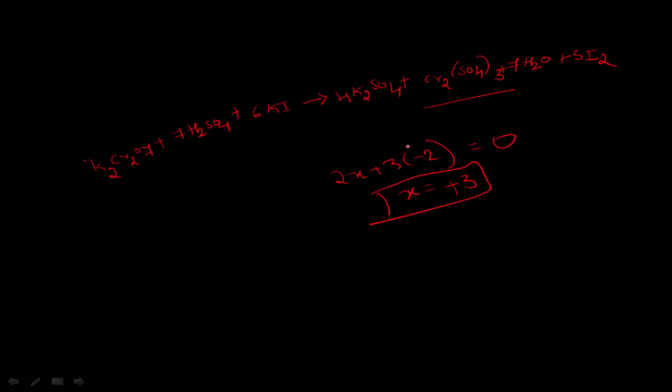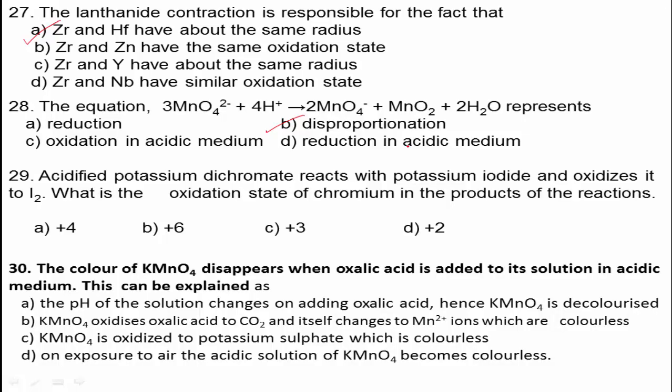In Cr2(SO4)3, the oxidation number of chromium is plus 3. Okay, come to the question. The correct answer for this question is plus 3, because in the product you get Cr2(SO4)3, in which chromium oxidation number is plus 3.